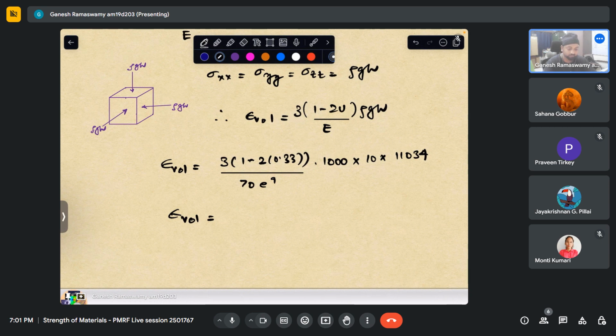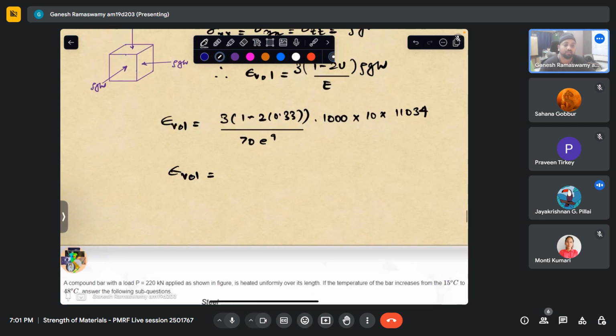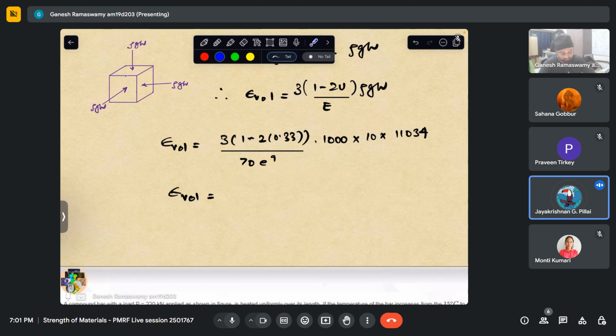Yes, please. 70 e power 9 sounds too much for Young's modulus. Typically, it's 70,000 MPa, isn't it? I'm substituting 70 GPa in meters, that's why. Yeah, right. Sorry, thanks. So 1607.8 microstrain.